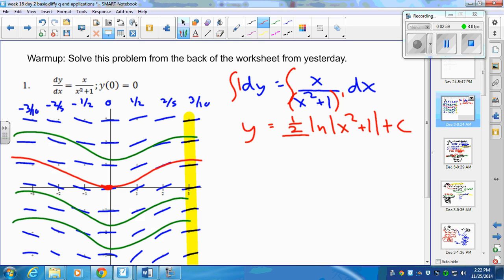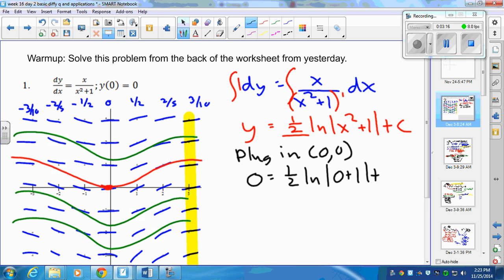All of those plus c's are all of the greens and the reds. But I need to find the c that gets me the red guy. So to do that, plug in 0, 0. You're going to get 0 equals 1/2 ln of 0 plus 1 plus c. 0 equals 1/2 of ln of 1 plus c. ln of 1 is 0, so you get 0 equals c.